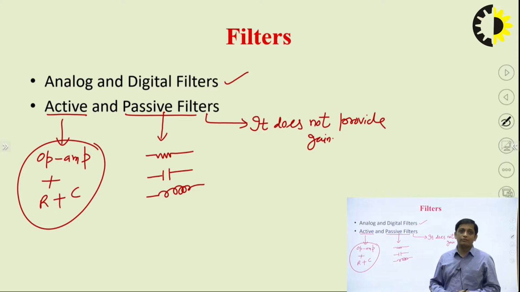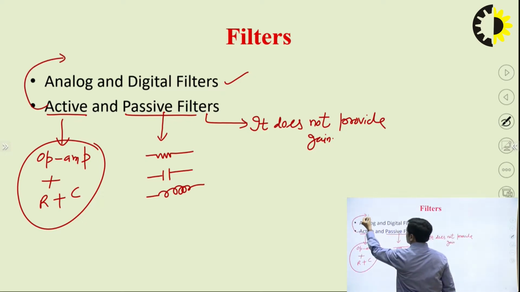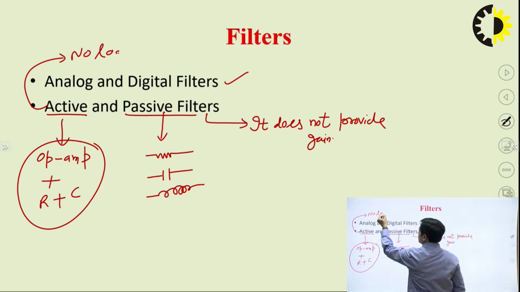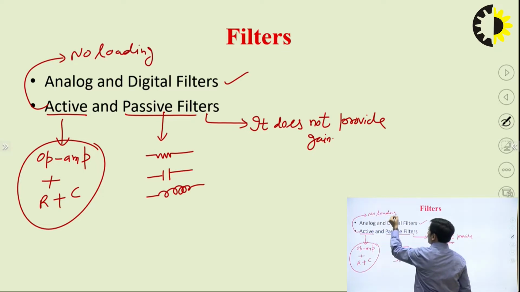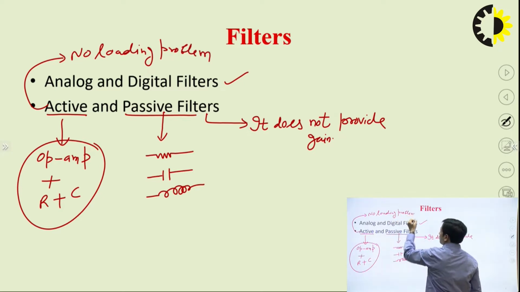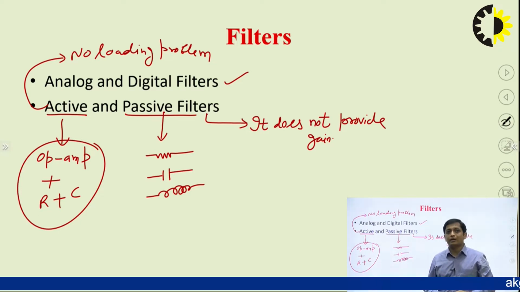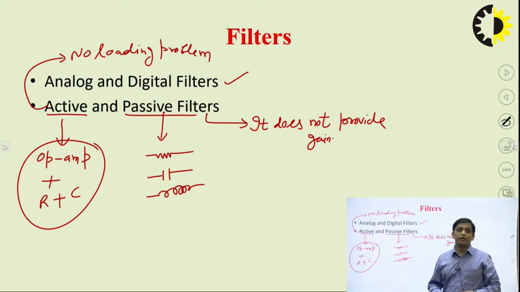Another advantage of the active filter is that there is no loading effect in active filters. We can understand why there is no loading problem, because here we are using an operational amplifier, and for the op-amp we know that the input impedance is very high and the output impedance is very low.